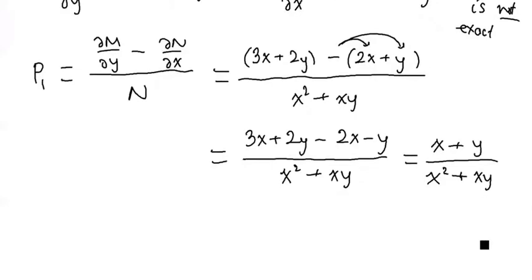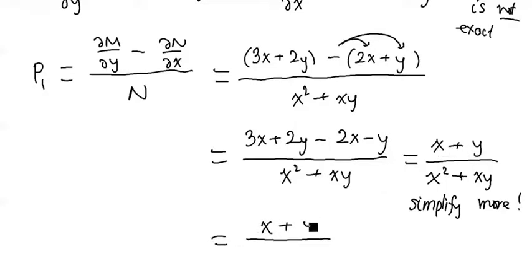At this point, we see that P1 has both x and y. But we need to simplify more in order to see what happens. To do that, let's factor. The numerator, we cannot factor just x plus y.